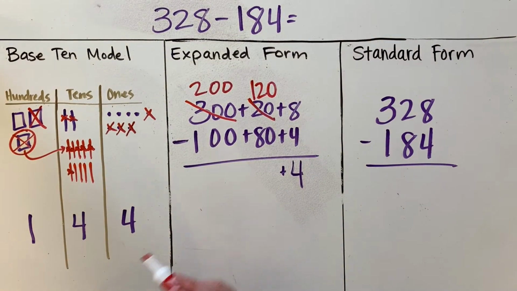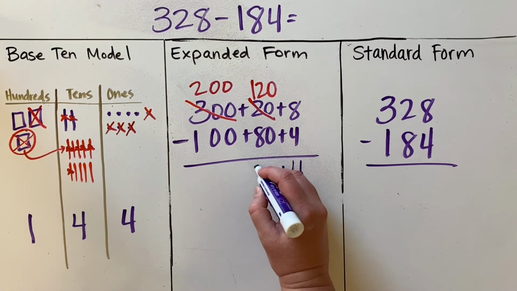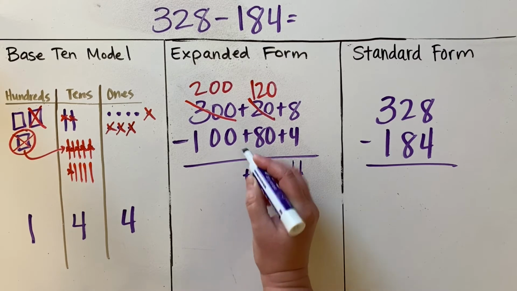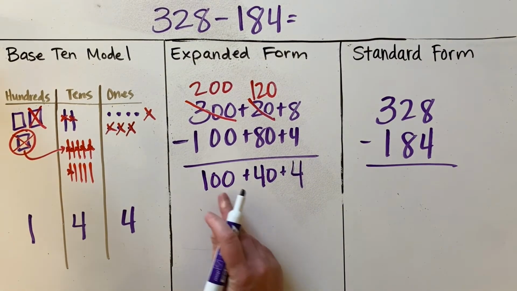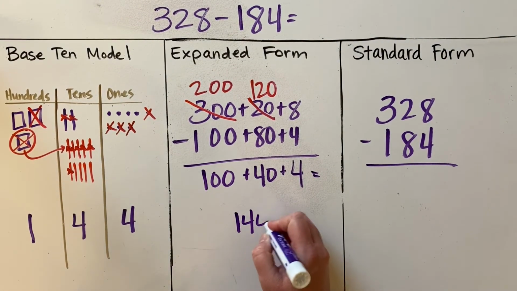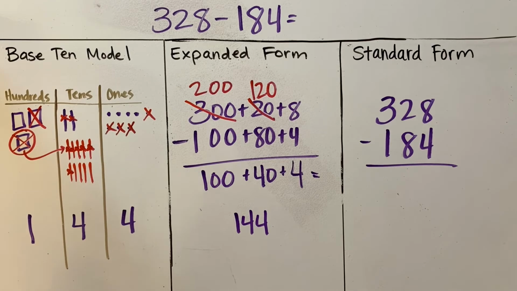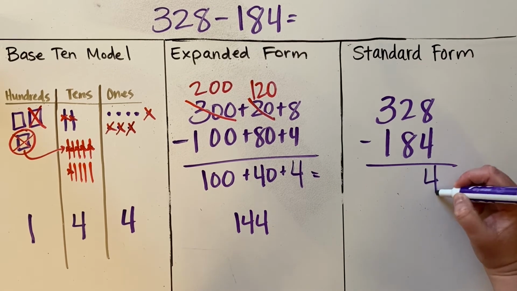So 120 minus 80 is 40. Then 200 minus 100 is 100. So I can see 100 plus 40 plus 4 equals 144.